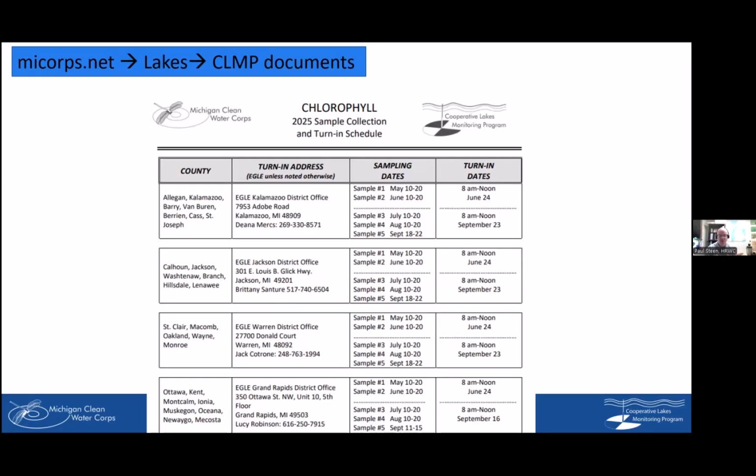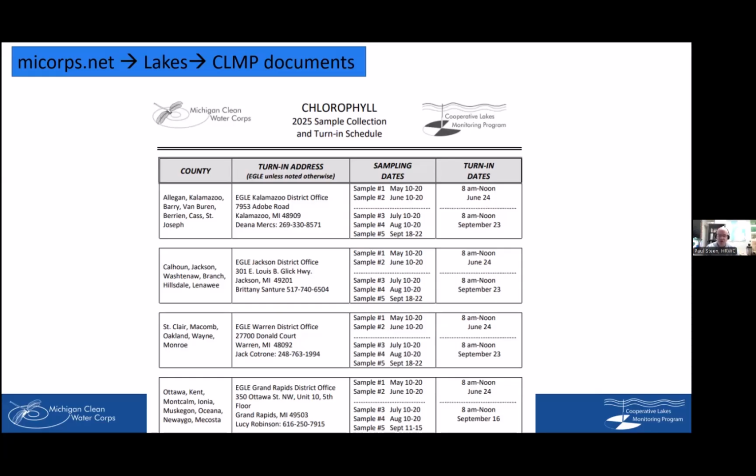In southern Michigan, that will be getting kind of close to the end of September, while in the UP, you'll be taking this at the end of August. So if you're in the UP, you'll have sample 4, which happens August 10th through 20th, and then a week or 2 later, you'll be taking that sample 5. So that's how we distribute when those samples are taken.